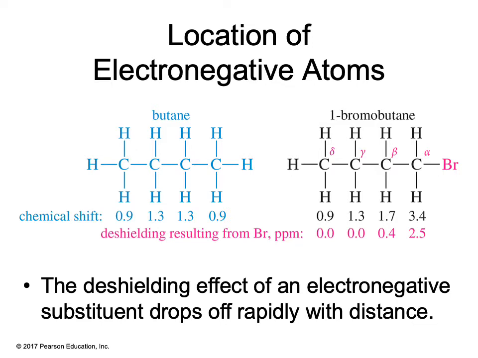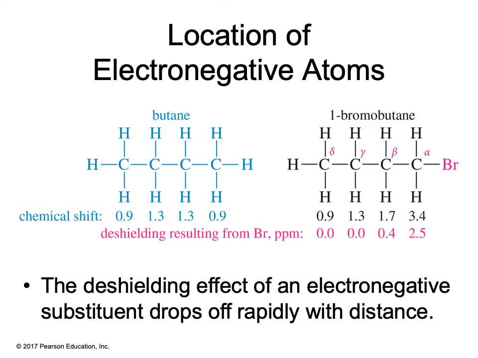But if we change butane and replace one of the hydrogens with a bromo on the one carbon, as shown on the molecule on the right, you can see that now the hydrogens on the alpha carbon that are closest to bromine are much more shifted downfield. So they have a higher ppm. They're at 3.4 ppm, whereas the hydrogens on the farthest carbon away from the bromine, the delta carbon at the end, are at 0.9 ppm.